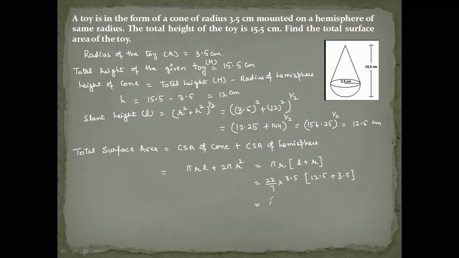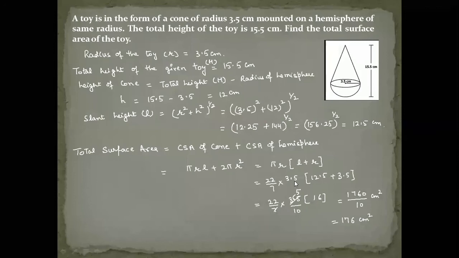So we have 22 by 7 into 3.5 into, now you can see here we can add 12.5 plus 3.5, we are getting 16. So we just cancel out these decimals, and 7 into 5.